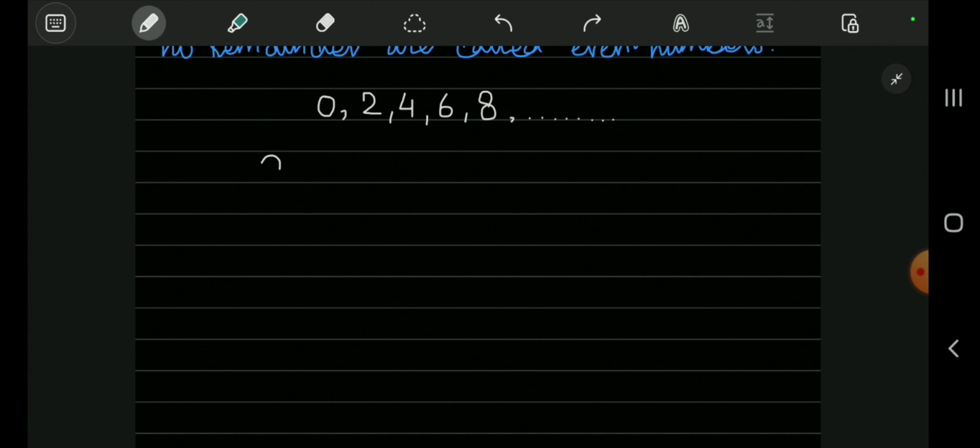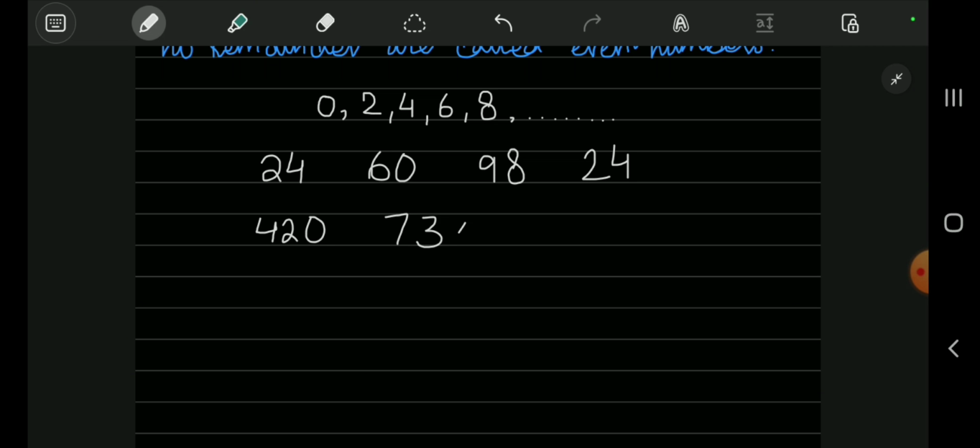For example, 24, 60, 98, 24. These are two-digit numbers. See, these are ending with 0, 2, 4, 6, 8, so they are even numbers. Or any three-digit number like 420, 738, 626, 532. See, the ending digit is an even number, so these are even numbers.